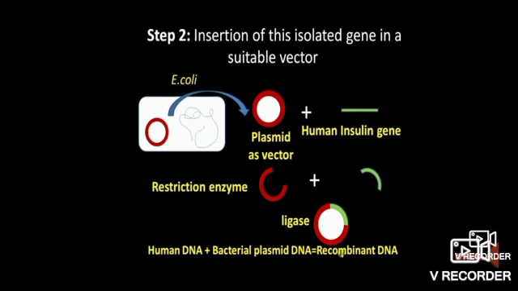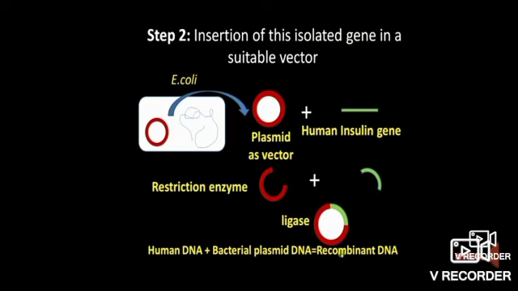Recombinant DNA molecule is a DNA molecule which has DNA from different sources. So I repeat, recombinant DNA molecule is a DNA molecule in which DNA from different sources are combined together.